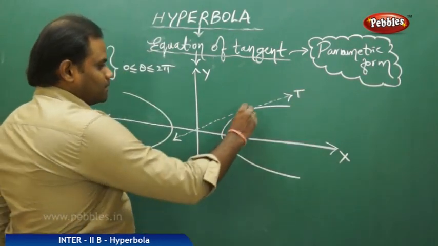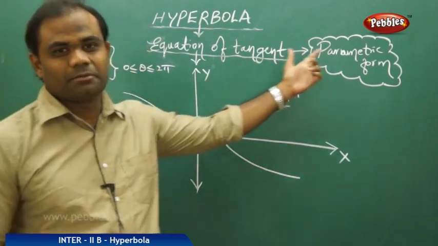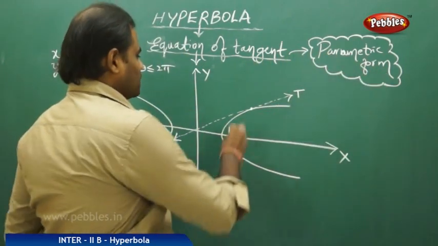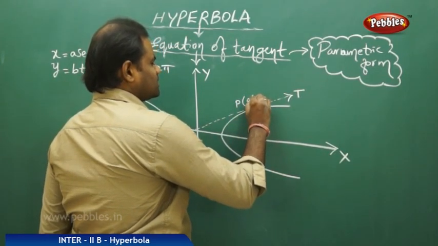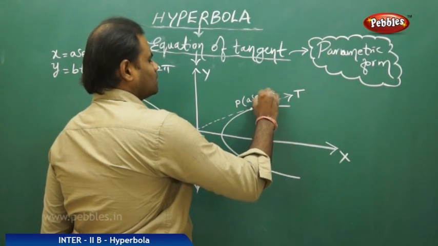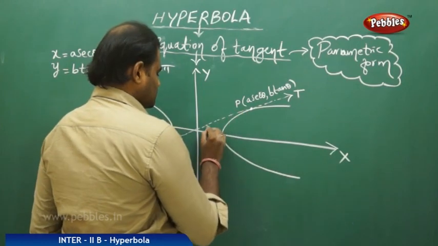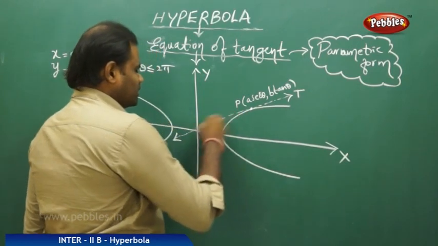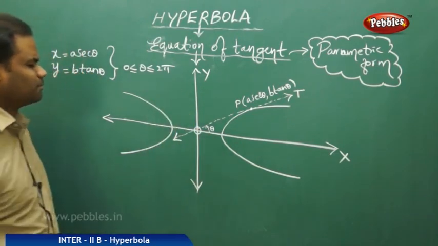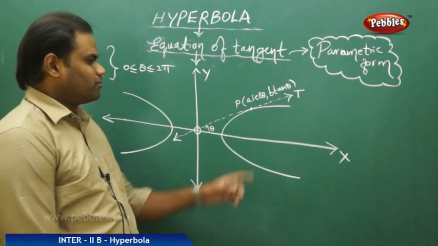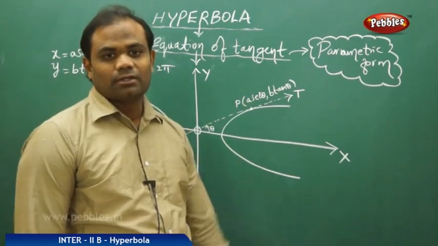So here, this is the point of contact where the tangent exists. Now since I want the equation of tangent in parametric form, I take the parametric point P of theta, that is a secant theta and b tan theta. Theta is the parameter here. So therefore, in order to find the equation of tangent at P of theta, we are going to find it using the formula.